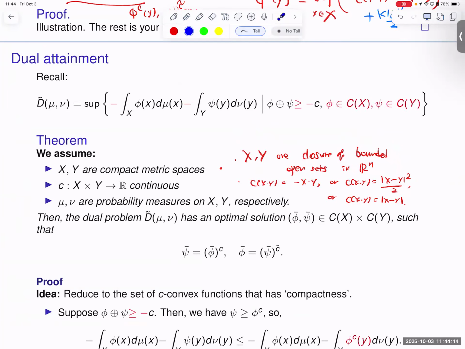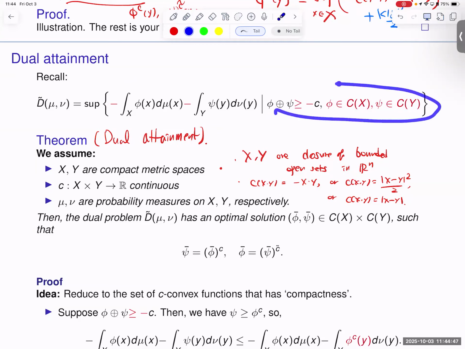So how do you show such dual attainment? As I mentioned in a previous lecture, the idea is the following. Somehow we want to find an optimal solution of this nice objective function. The objective function is nice, continuous, and linear.